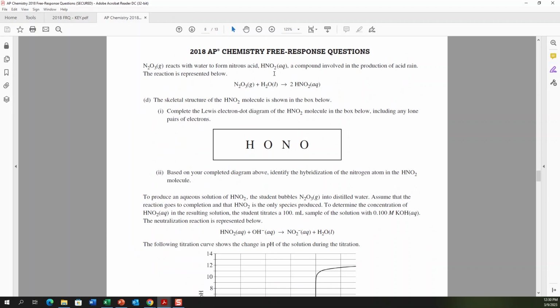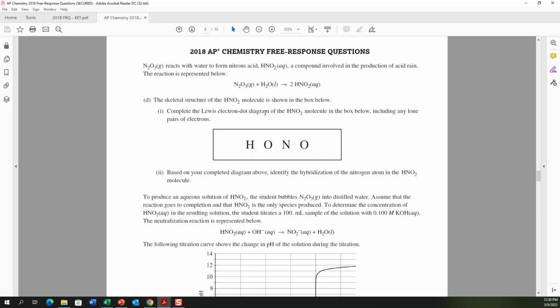NO2 reacts with water to produce nitrous acid, a compound involved in the production of acid rain. The reaction is represented below here. Okay. So this reacts with water to produce nitrous acid. The skeletal structure of the HNO2 molecule is shown in the box below.